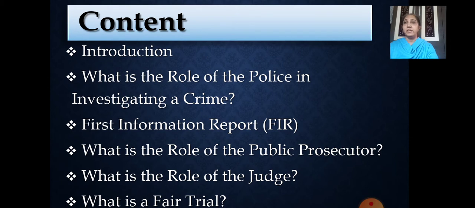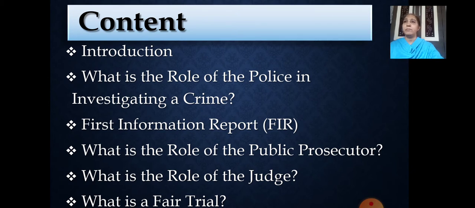We saw that the criminal offense is regarded as a public wrong, right? So the public prosecutor represents the interest of the state. The role of the prosecutor begins once the police has completed the investigation as well as filing the charge sheet in the court, right?